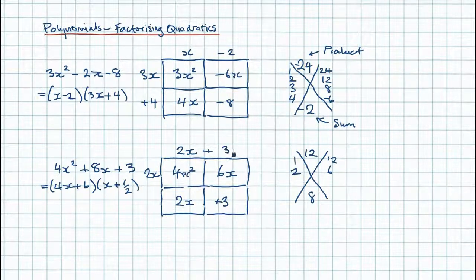Just checking, 3 times 2x gives us 6x, so that's correct. And here we've got 2x divided by 2x, so in other words it's just 1. So in fact that worked out rather nicely. So our answer, perhaps a slightly neater answer, is 2 factor pairs that just work out without any need for fractions: 2x plus 3 and 2x plus 1.